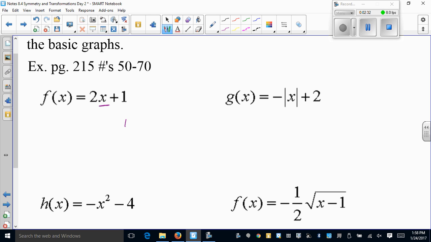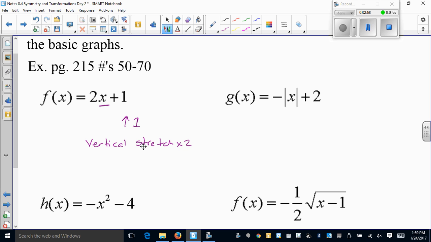And then this 2 here, since it's involved with the x, is going to give it a shrink, or a stretch. This one will be a vertical stretch by 2. That's what this guy is doing.